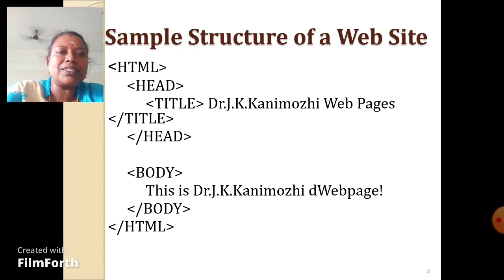Inside the body tag, we can display any number of tags to activate the programs. So this just displays the body section. This is Dr. J.K.KANIMOZHI web page to display a simple line of the web page.